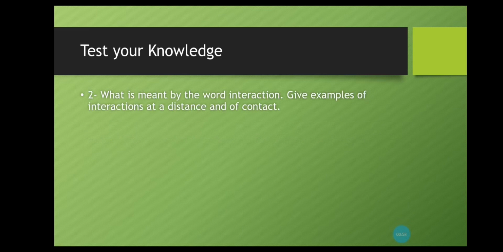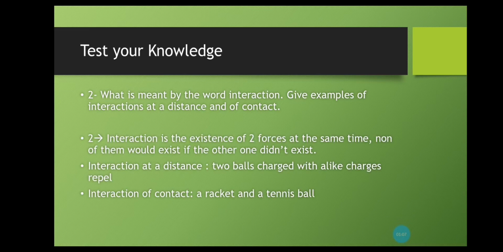2. What is meant by the word interaction? Give examples of interactions at a distance and of contact. So, whenever I say interaction, it's the existence of two forces at the same time. None of them would exist if the other one didn't exist. So, interaction at a distance.